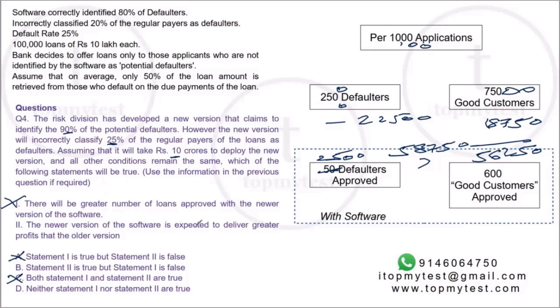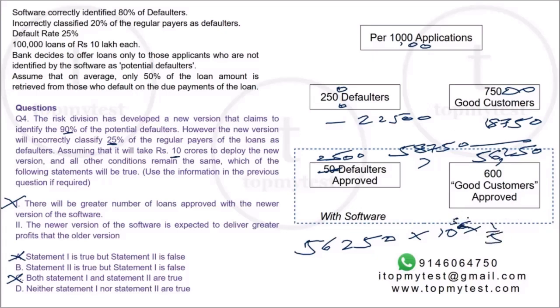Second statement says the newer version is expected to deliver greater profits than the older version. Now the older version has 950 crores of profit. Let's see what the newer version is going to deliver. Out of this 56,250, again you're going to get 20% of 10 lakhs each. 10 lakhs, so 10 to the power 6. 20% will be 1 by 5.